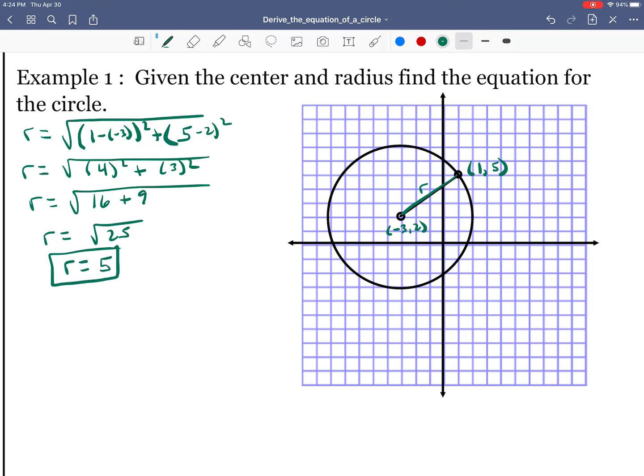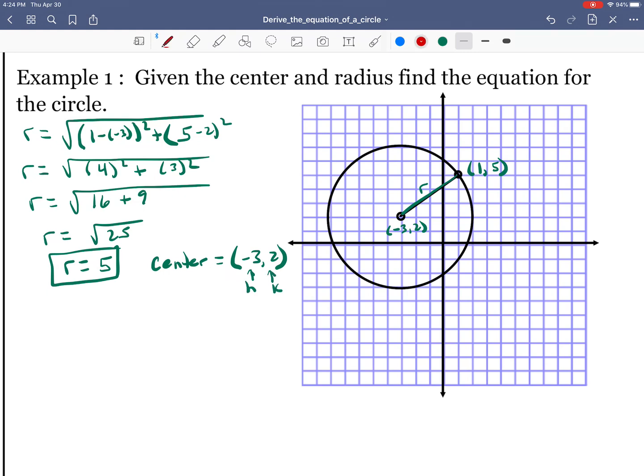So now I know what my radius is and I know what my center is. Those are the two things that you need to know to write an equation. My radius and my center, this is my h, and this is my k.